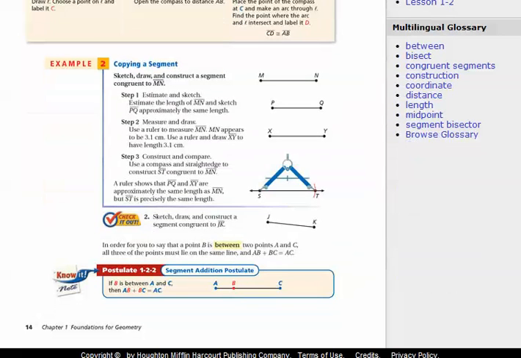Here's another postulate, the segment addition postulate. This is taking a segment and putting a point in between, so that the sums, A to B and B to C, if you add those together, give you the whole thing, A to C. Hopefully that makes sense.